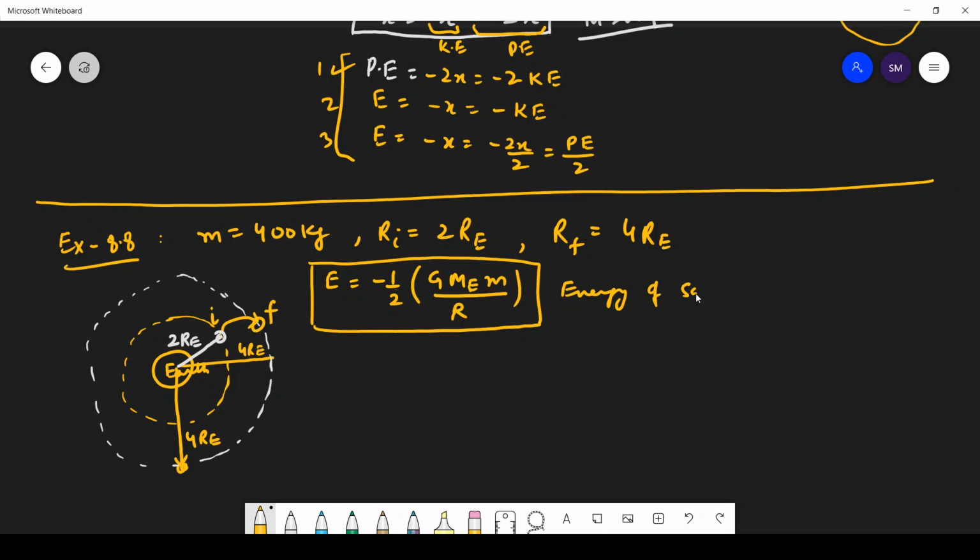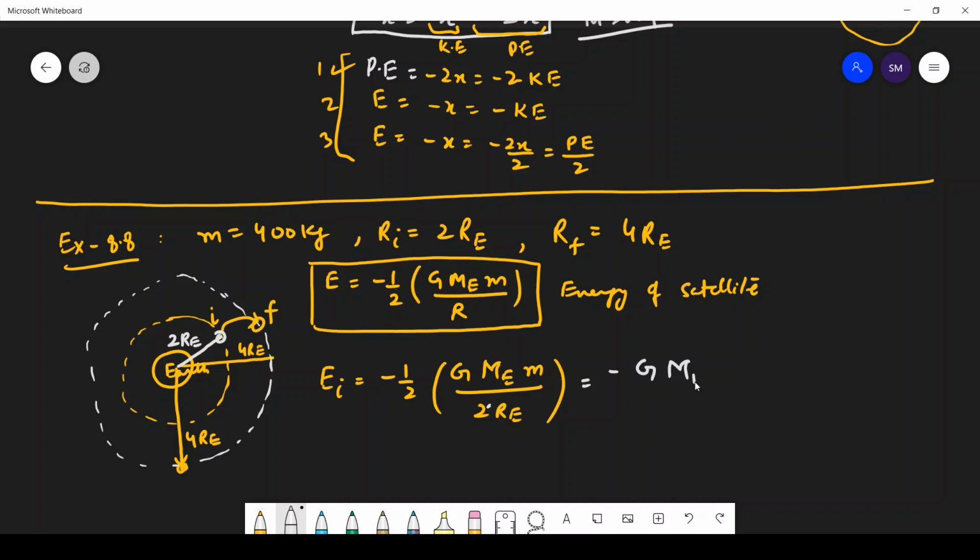Okay, now what was the initial energy? That is equal to minus half G Me m upon, what was the orbital radius? Ri was your 2Re. So 1/2, and this is 1/4. So you get minus G Me m upon 4Re.